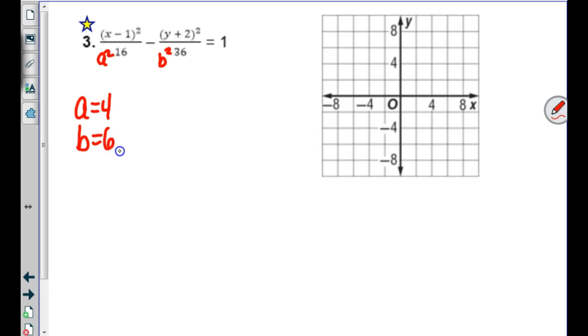What else? You told me something about H and K. So 1, negative 2. Why can't we get some normal graph paper?